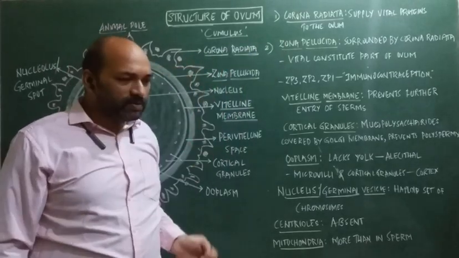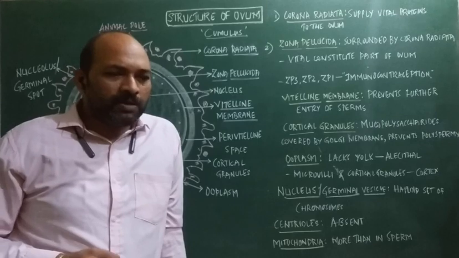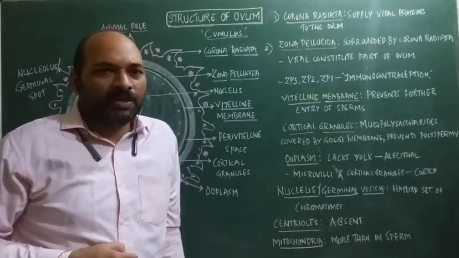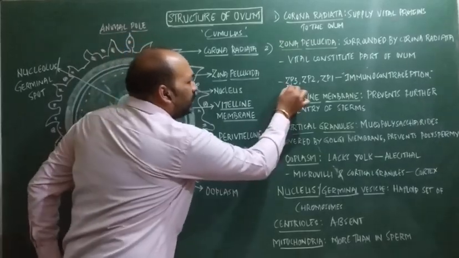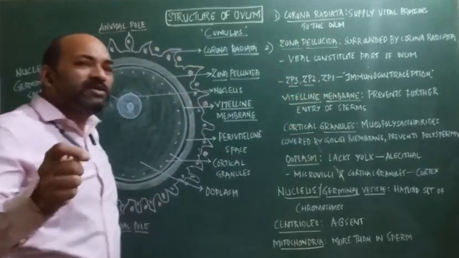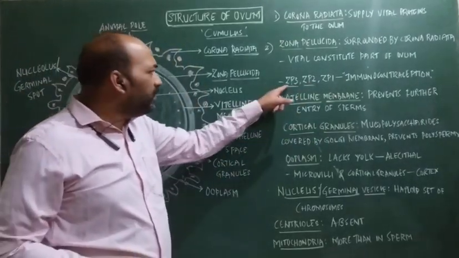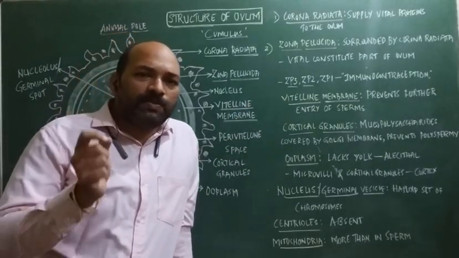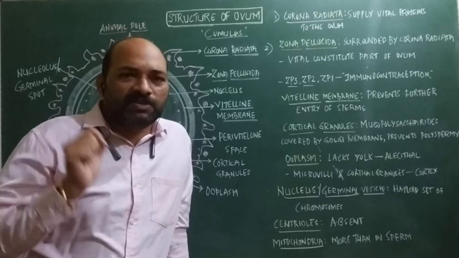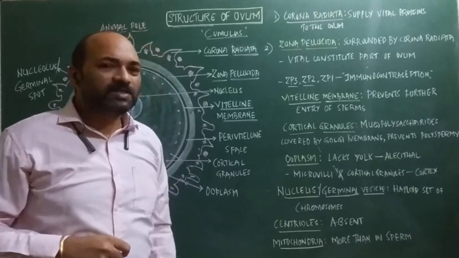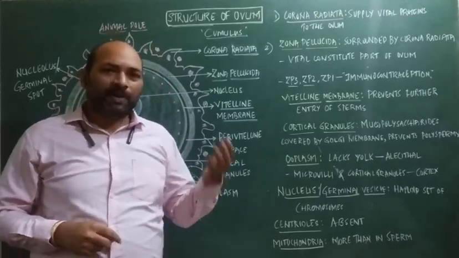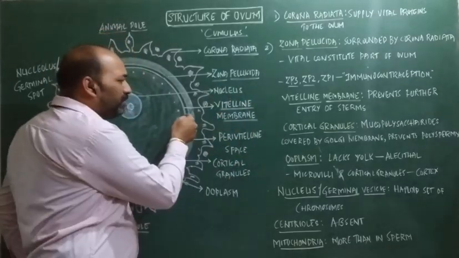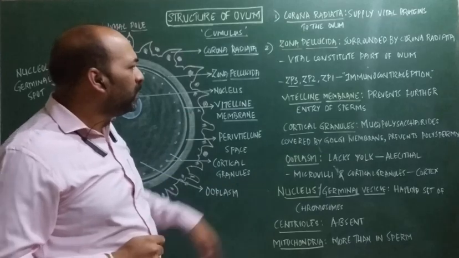The zona pellucida is a thin non-cellular glycoprotein membrane, and what is the function of the three proteins in this membrane? ZP3 is a species-specific sperm binding protein, which means this protein is responsible for binding of the plasma membrane of the sperm to the plasma membrane of the ova.